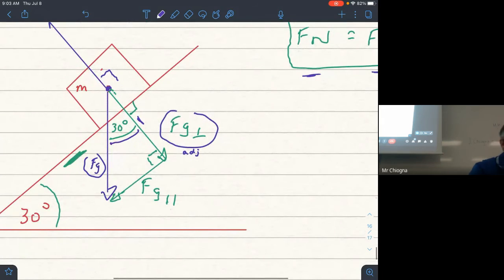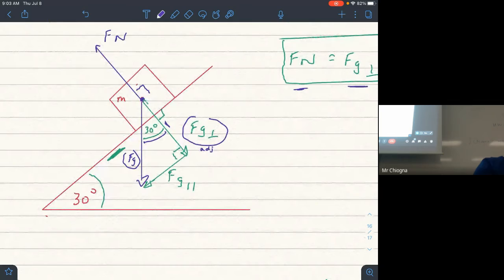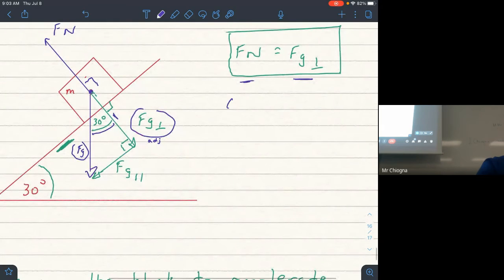So that's a hint as far as what trig function I should use. Adjacent implies use cosine. So what have I got? I have cosine of 30 degrees is equal to the adjacent over hypotenuse, which in this case is FG perpendicular over FG.